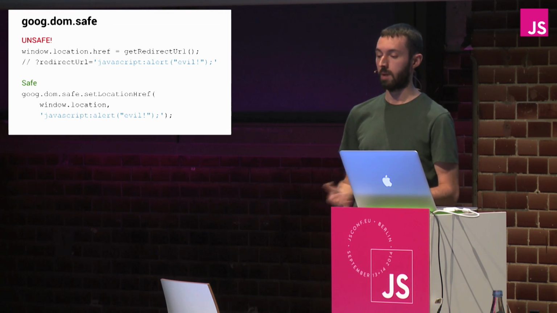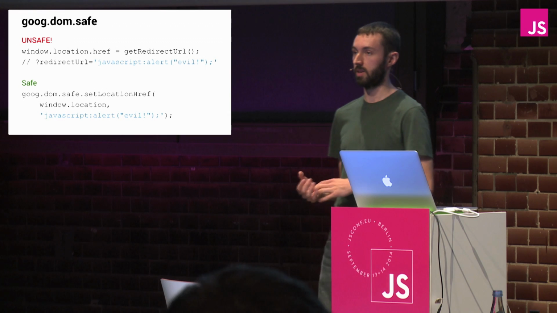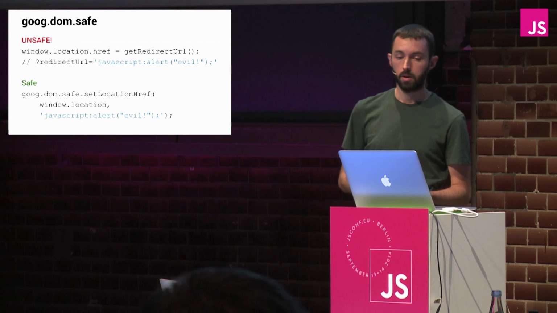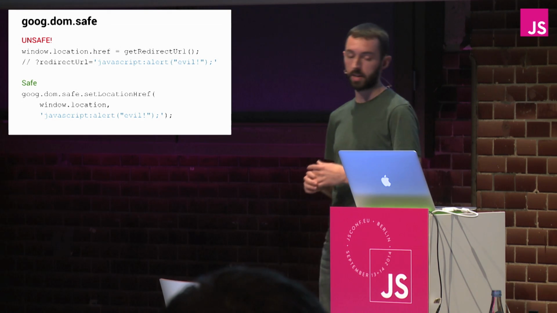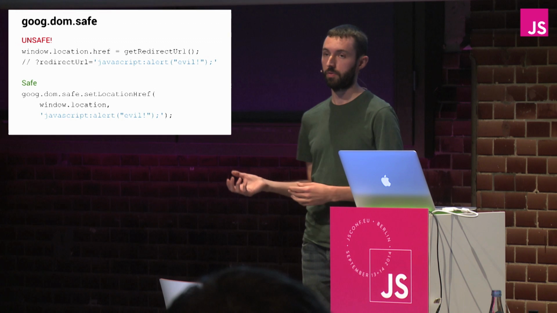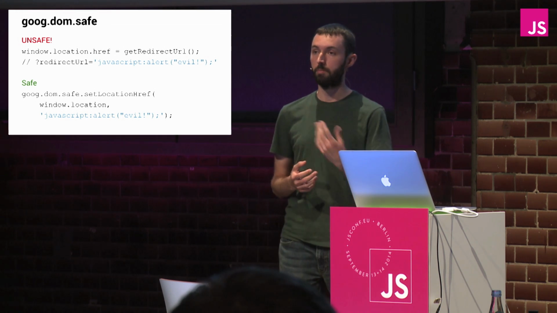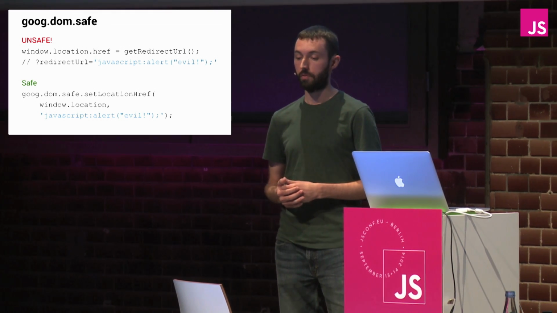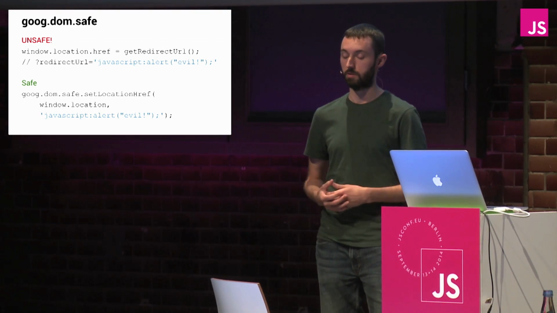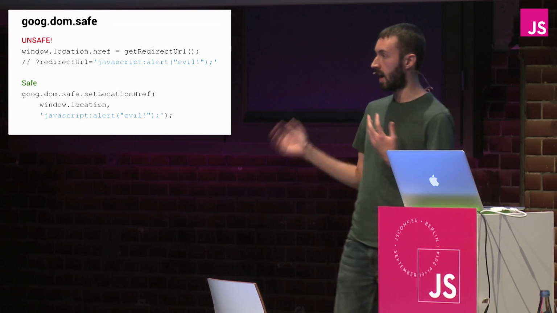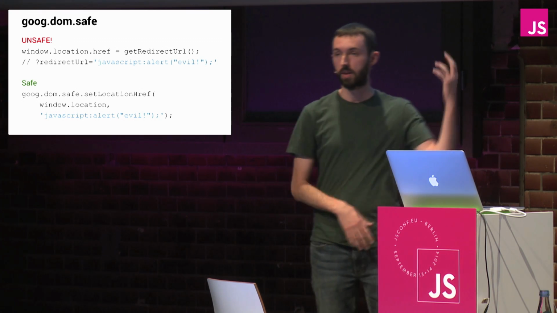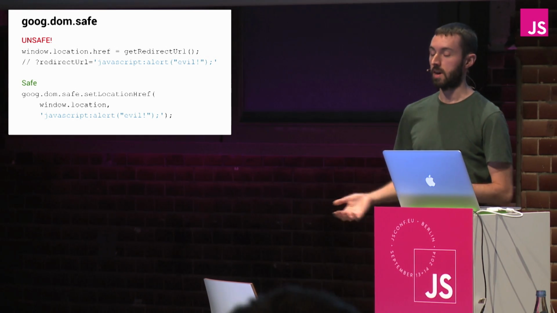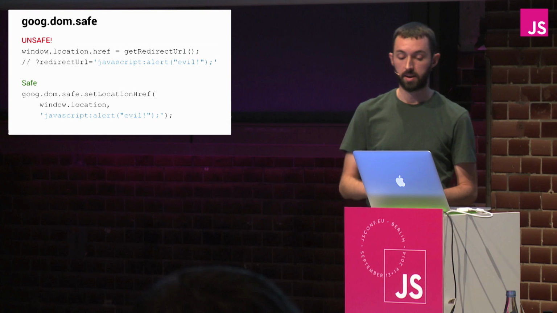A lot of people know about common ones like innerHTML, not sanitizing the HTML that you pass to it, outerHTML, eval, and a lesser known one, but still equally important, is if you assign to the href of window.location and the input is user controlled, they can actually execute arbitrary JavaScript code. And if they're evil, they can execute code that steals user data and so forth. And so with a very, very tiny change that anyone could implement, you can rewrite that to use a safe set location href function, and this would sanitize the input so that no attack is actually executed.